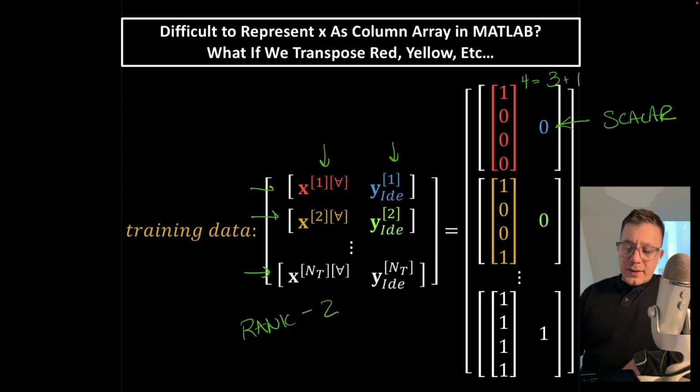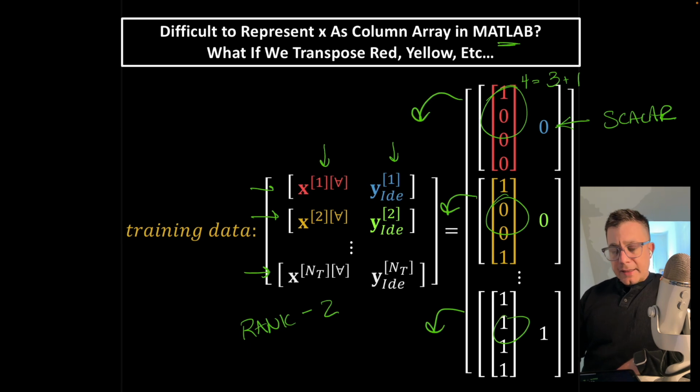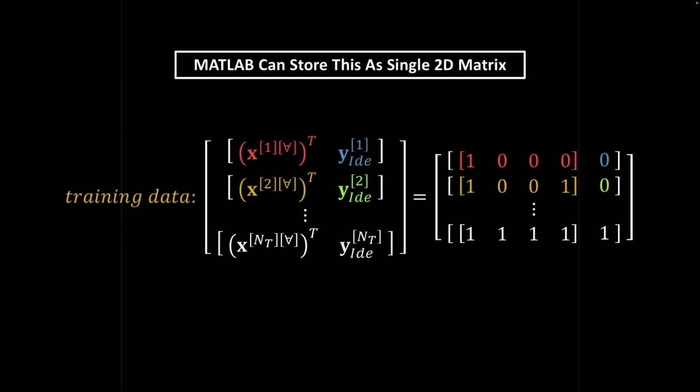Now, the problem with this is it's a little bit difficult to represent X as a column array embedded within a column array in MATLAB. So what if we just take all 3 of these and we just transpose them and lay them on their belly? And that yields something that looks like this, which is a traditional matrix with nt number of rows and 5 columns, where I guess it would be nx plus 1 for the number of the elements within X, and then you also have the Y value. And so this is something that MATLAB can store as a single 2D matrix.